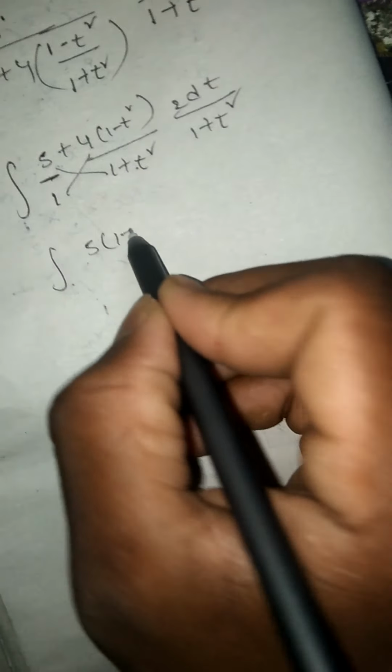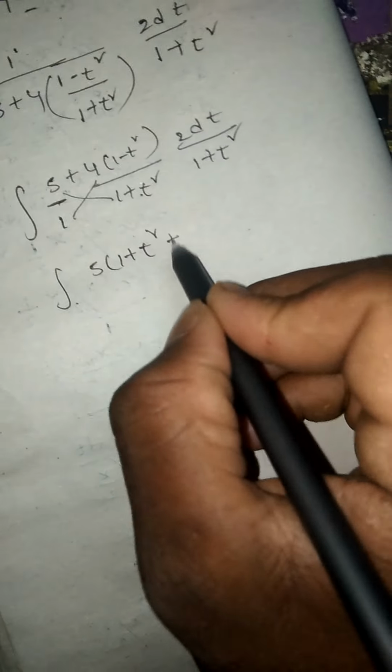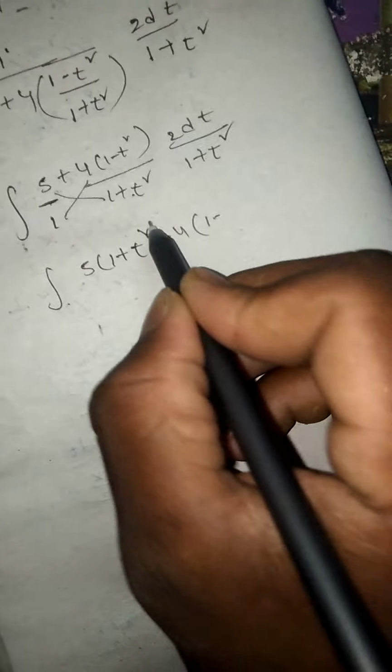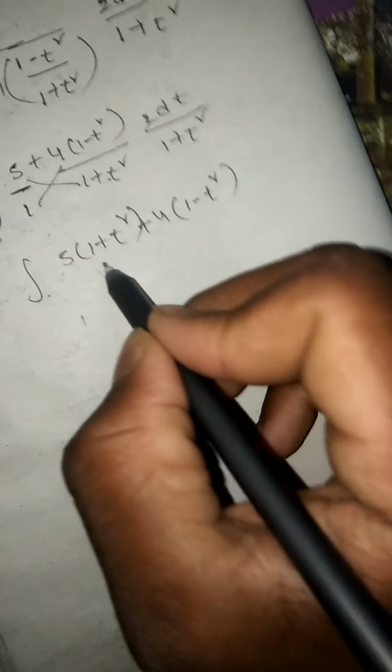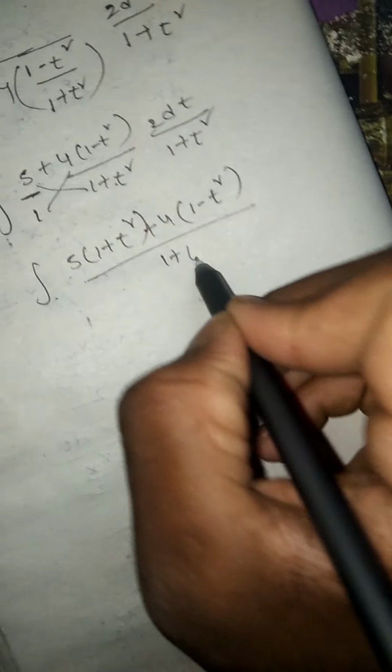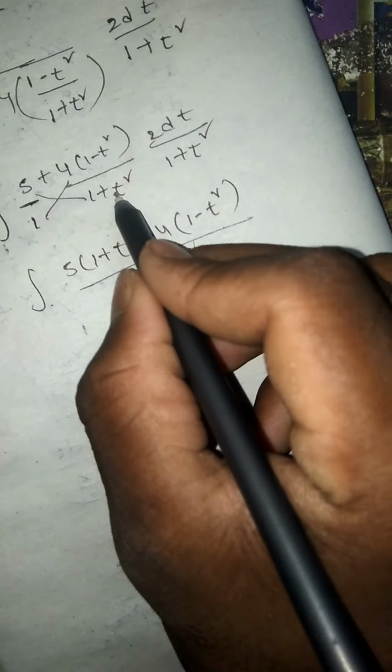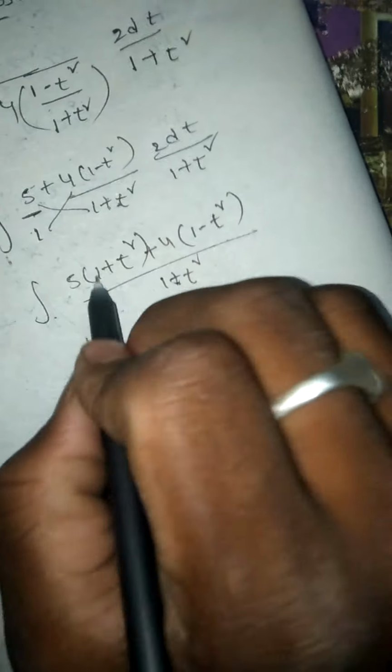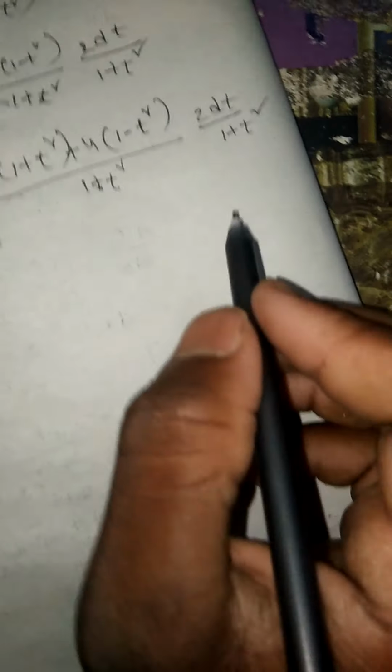Integral, cross multiplication, 1 plus t square into 5 into 1 plus t square plus 4 into 1 minus t square, divided by 1 plus t square. Here 2 dt by 1 plus t square.